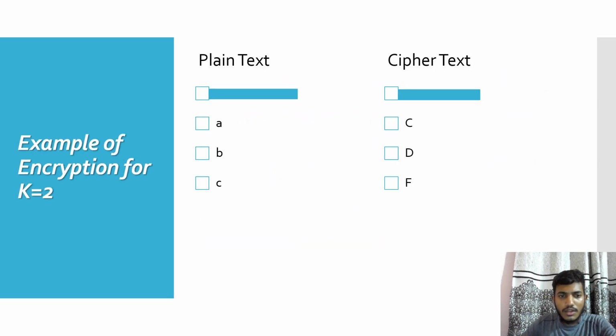For example, encryption for k equals 2, where the key is 2. The plain text is ABC. Then what will be the ciphertext? A is the plain text.